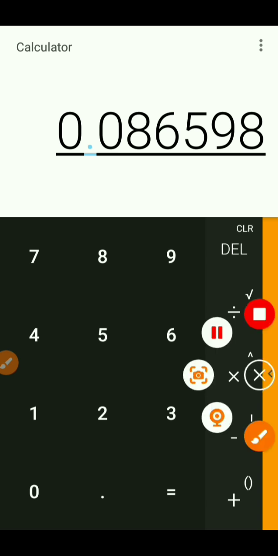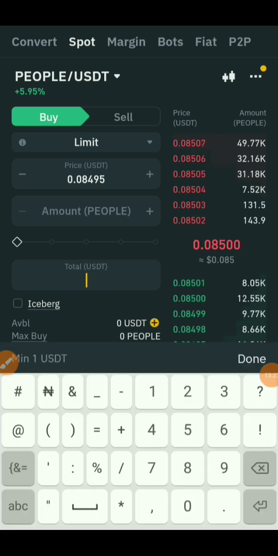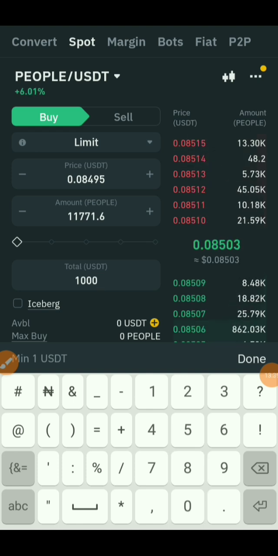So over here in Binance, the buying price is 0.0849, and we are buying PEOPLE token worth 1000 USDT. And if we want to sell now, we are going to put in our new price, which is the 2% increase based on what we've seen on CoinMarketCap, and it's going to be 0.08659.